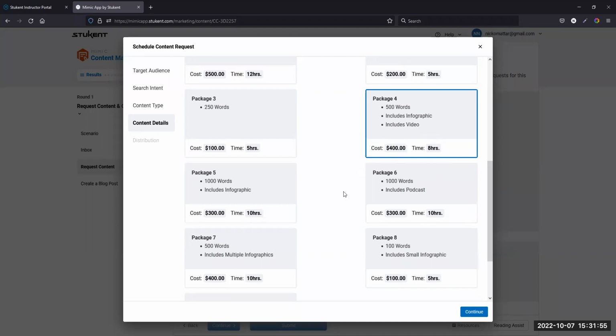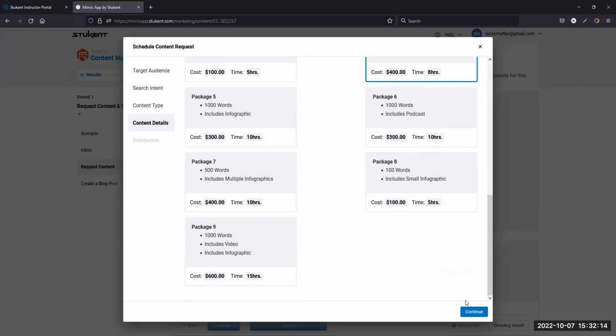But then also, I just have more content here. A video, in addition to an infographic, is pretty powerful. But the more content pieces you can get, and especially at that kind of cost, the better off you are. So let's say I pick that package.